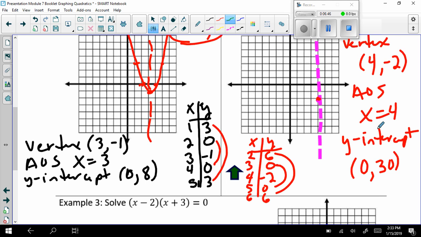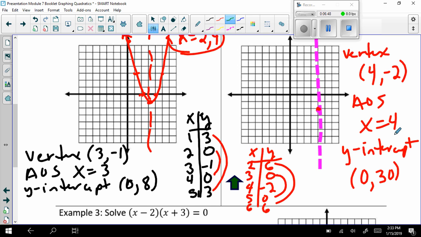So I'm going to plot these points: 2, 6, so to the right 2 and up 6, 3, 0. We already did 4, negative 2, then 5, 0, and 6, 6. And then once again, I do have 2 solutions.